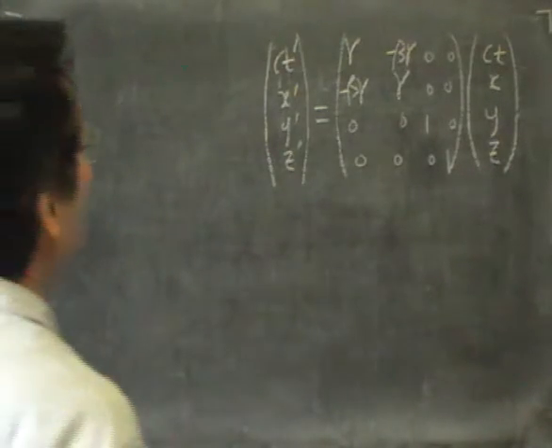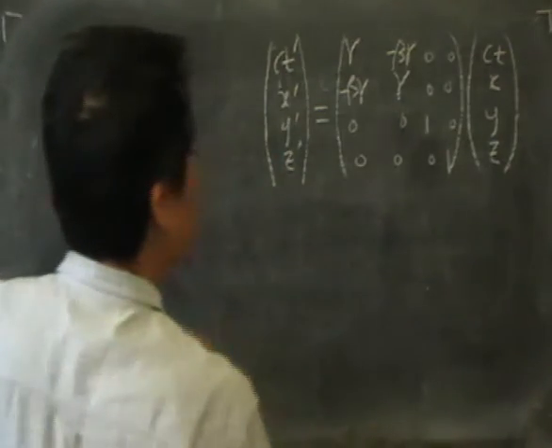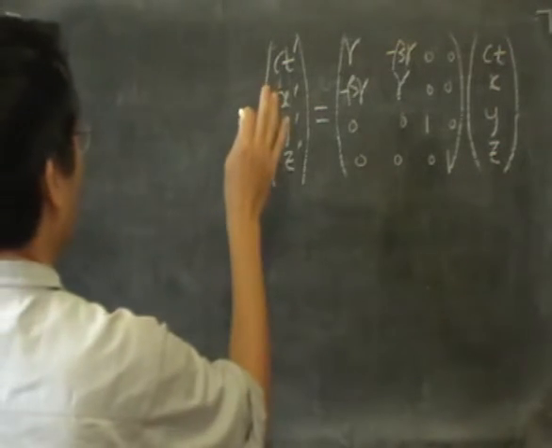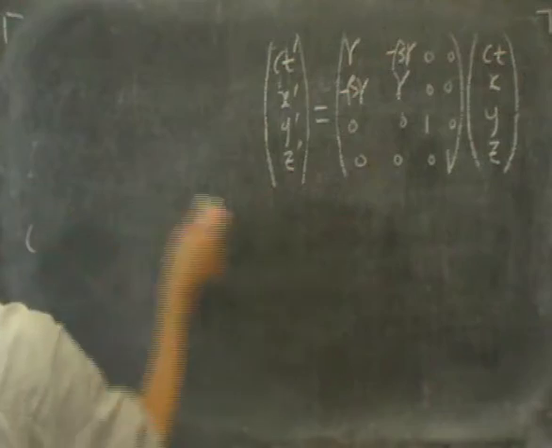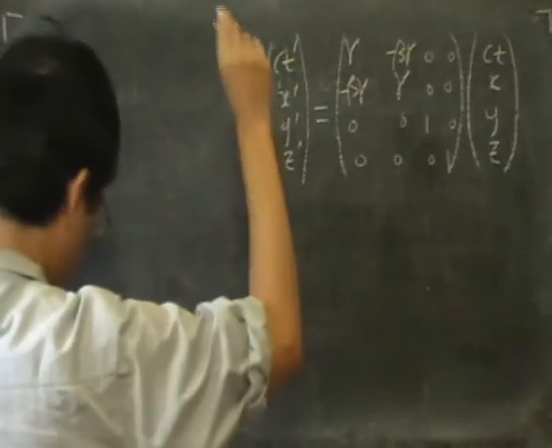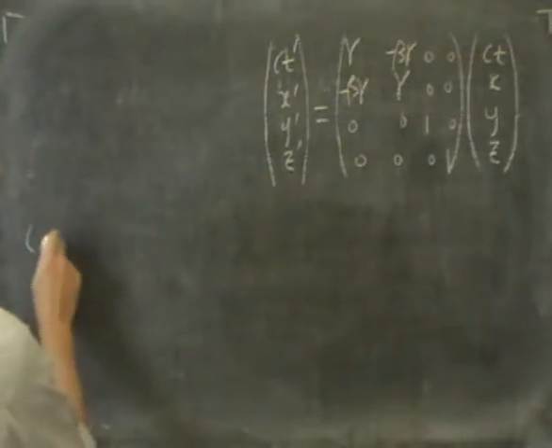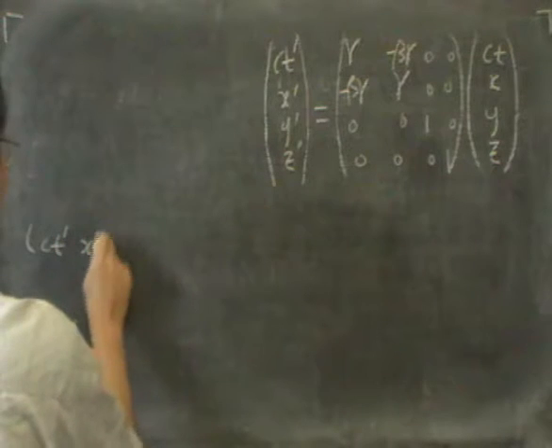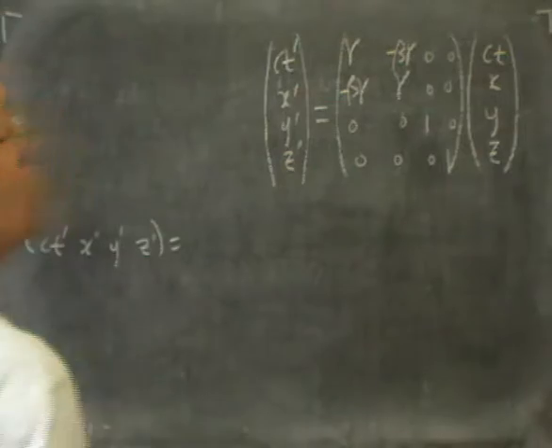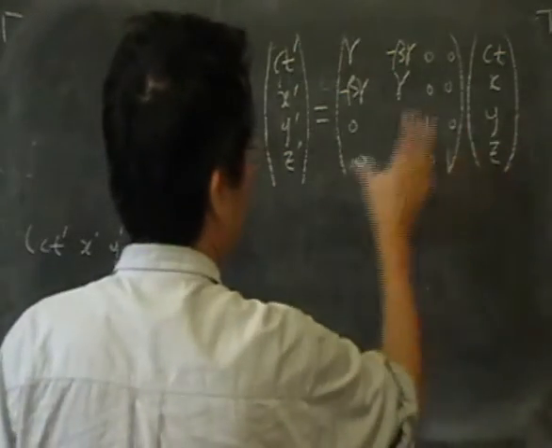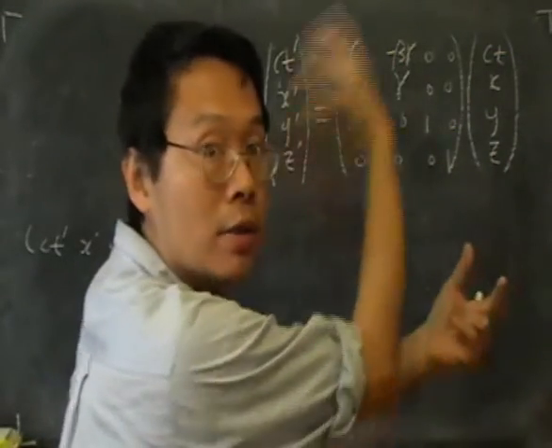If I take the transpose, the column vector becomes a row vector. And those two matrices become swapped around and transposed.